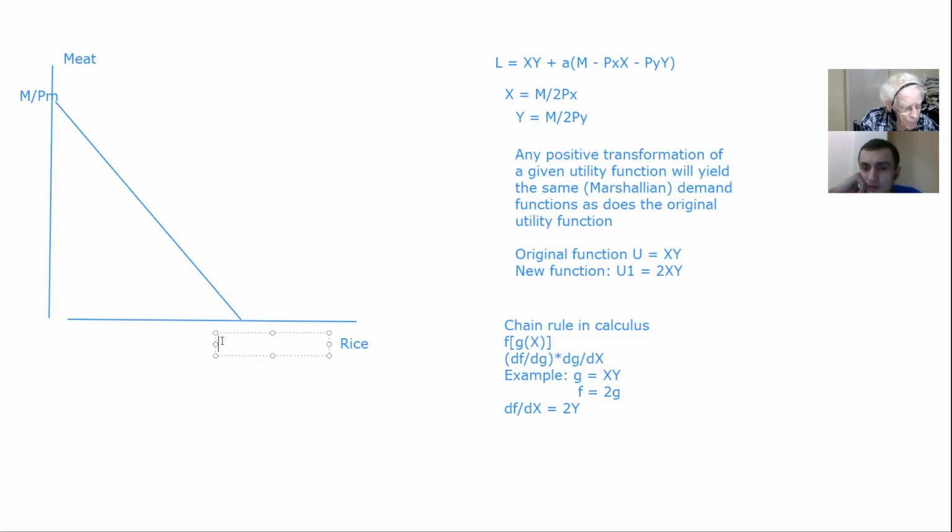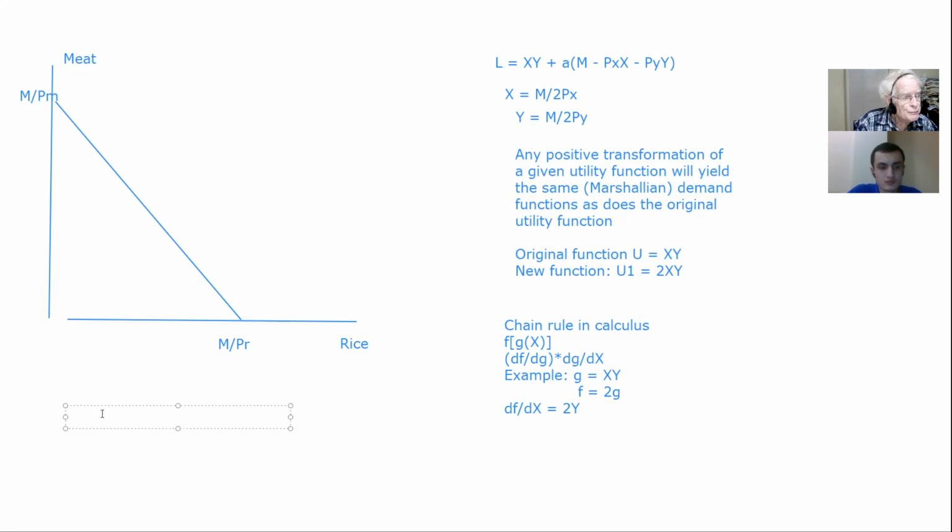And the horizontal intercept is m divided by the price of rice. And now we have a 50% increase in income and also in the price of rice.